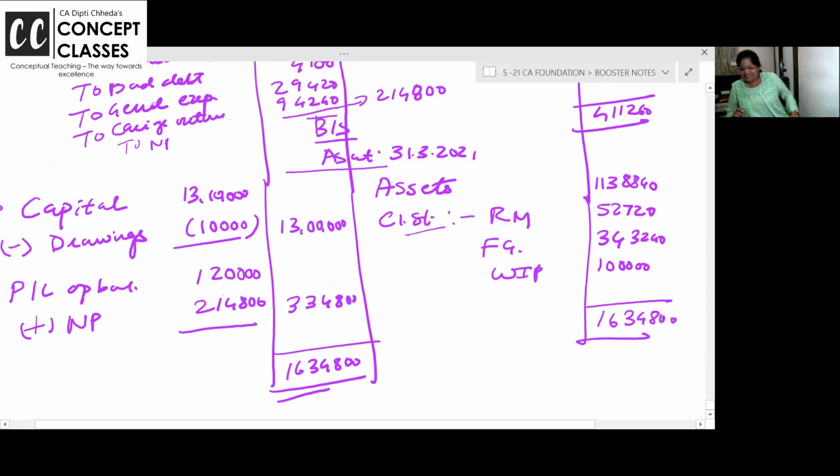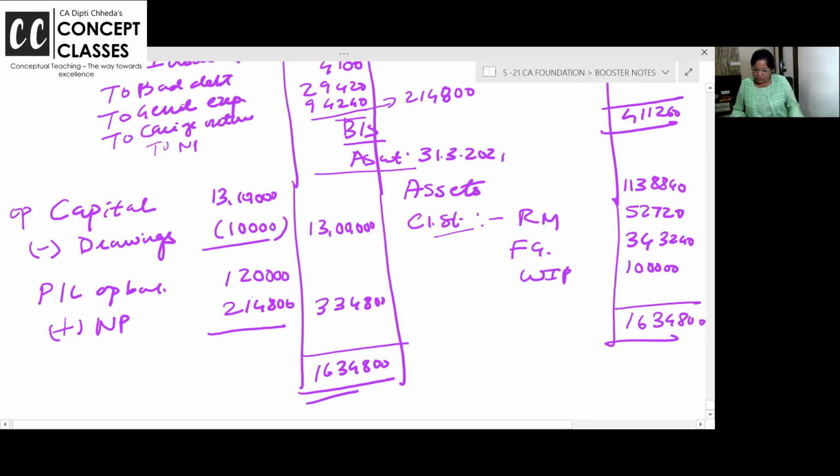Yes. Balance sheet is clear to you. ओपनिंग कैपिटल माइनस ड्राइंग्स और ये सब क्लियर है आप सबको. असेट, रॉ मटेरियल, फिनिश गुड्स सब.